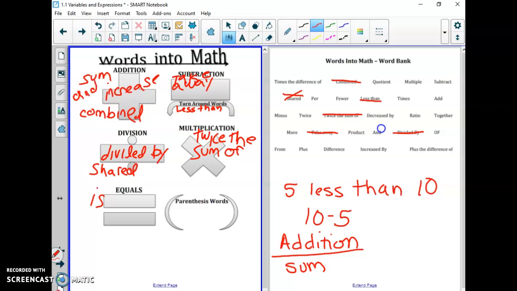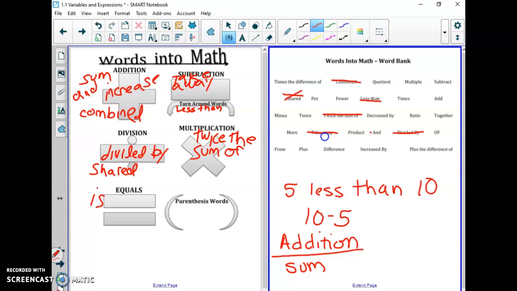Okay. Lacey, do you have one? Any of the words that can go into any of the categories? Nope. That's okay. How about you, Xavier? Product for multiplication.